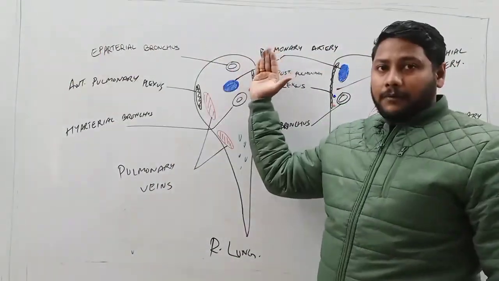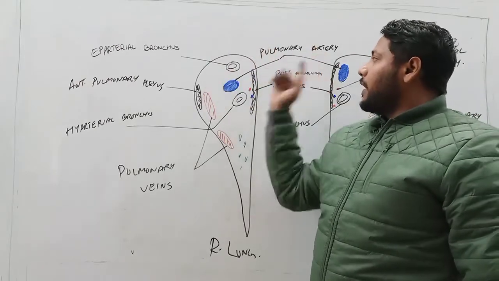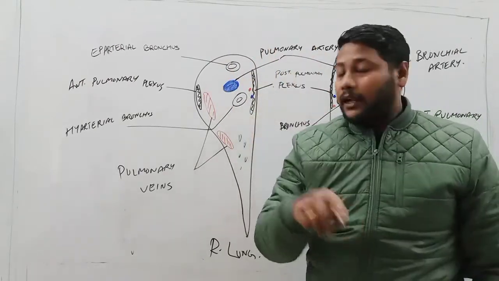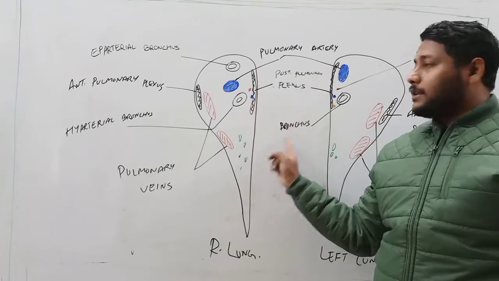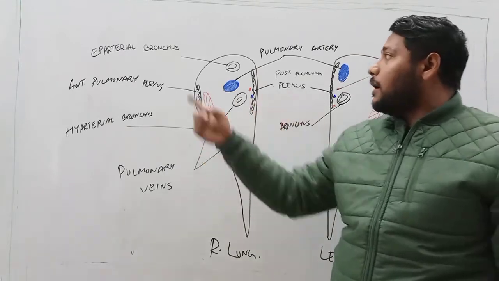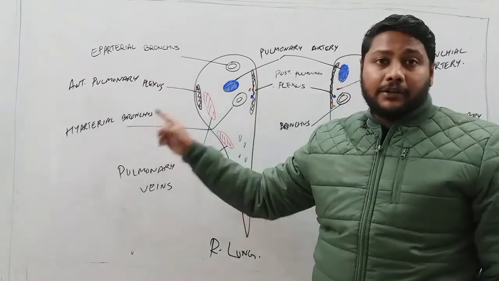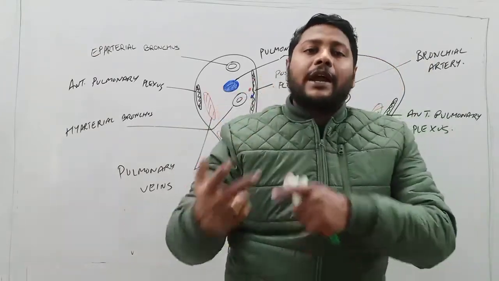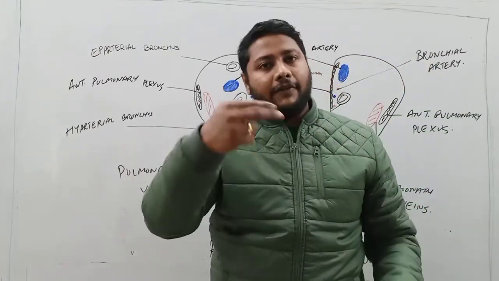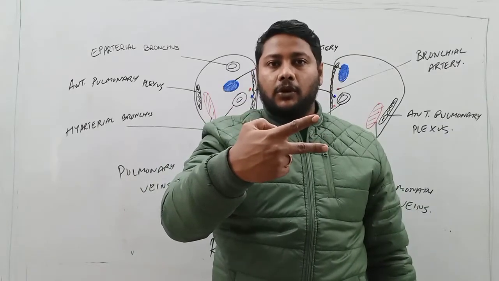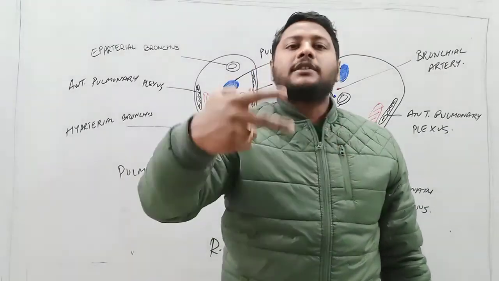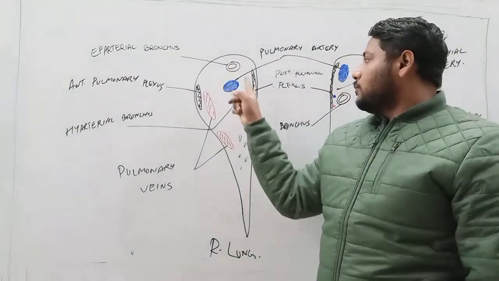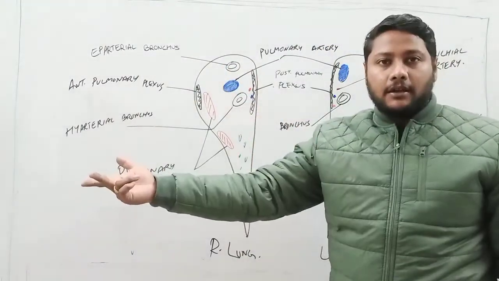But here in the right lung, the principal bronchus is divided into two parts, the eparterial and the hyparterial. Why? Because we know that the trachea, before entering the right lung, divides into two bronchus. This is the main reason why we have two bronchus present on the right side.